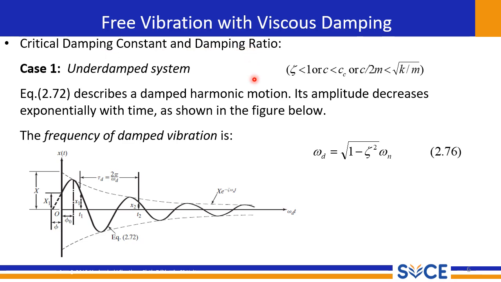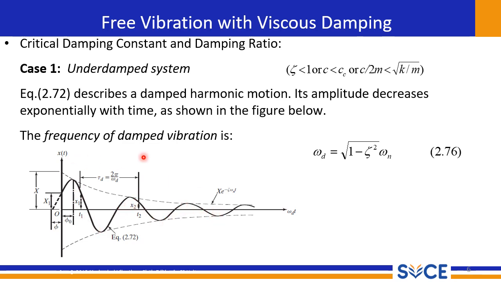If the damping ratio is less than 1, that is, the actual damping provided in the system is less than the critical damping value, then it is a damped harmonic motion. That means after a period of time, the vibration will settle, and its amplitude decreases exponentially with time as shown in this figure.